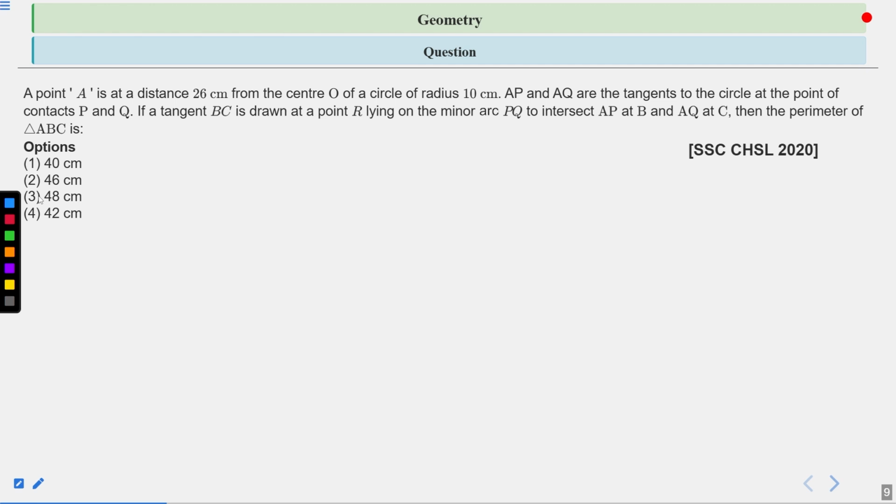This question was asked in the SSC CHSL exam in 2020. You have four options: first is 40 centimeters, second is 46 centimeters, third is 48 centimeters, and fourth is 42 centimeters.